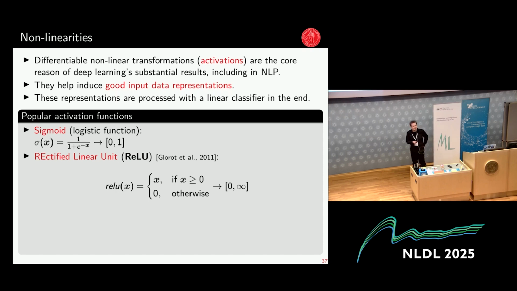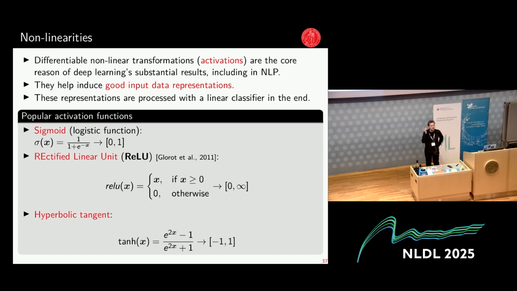If x is positive, if it's more than 0 or 0, then the output is equal to the input. If the input is less than 0, then the output is 0, right? So this transformation is nonlinear. It's very simple. It's very computationally cheap, and it does its job, right?